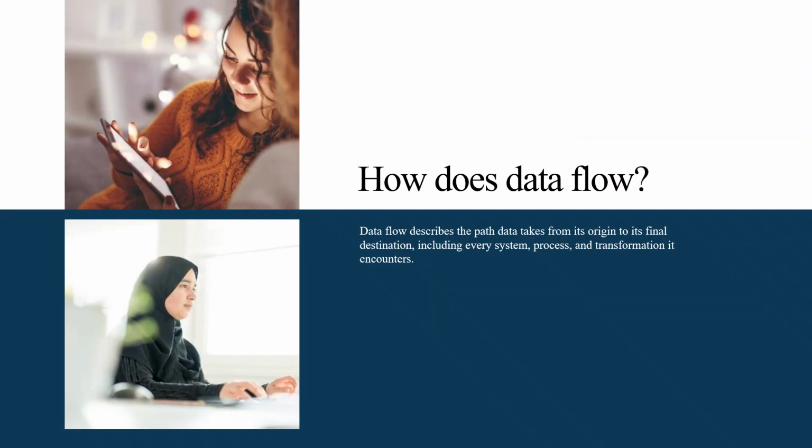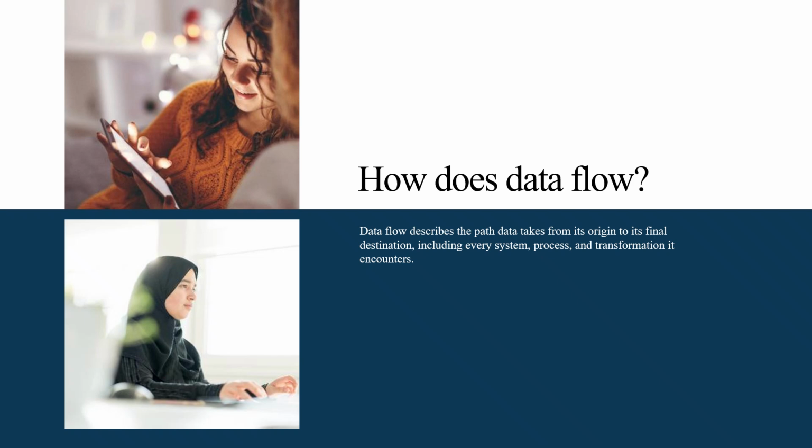So, how does data flow? Data flow describes the path data takes from its origin to its final destination, including every system, process, and transformation it encounters. A complete data flow includes data creation or collection, data transmission, data processing, data storage, and data output or consumption.